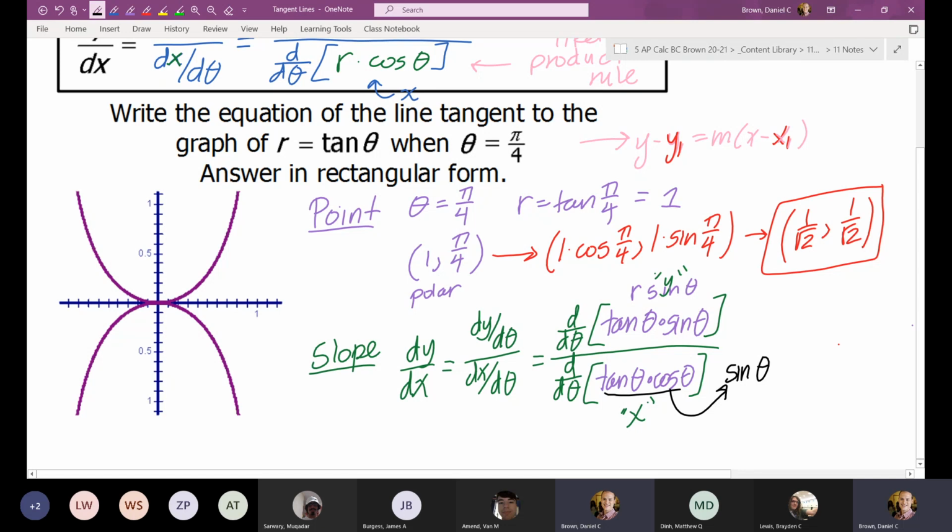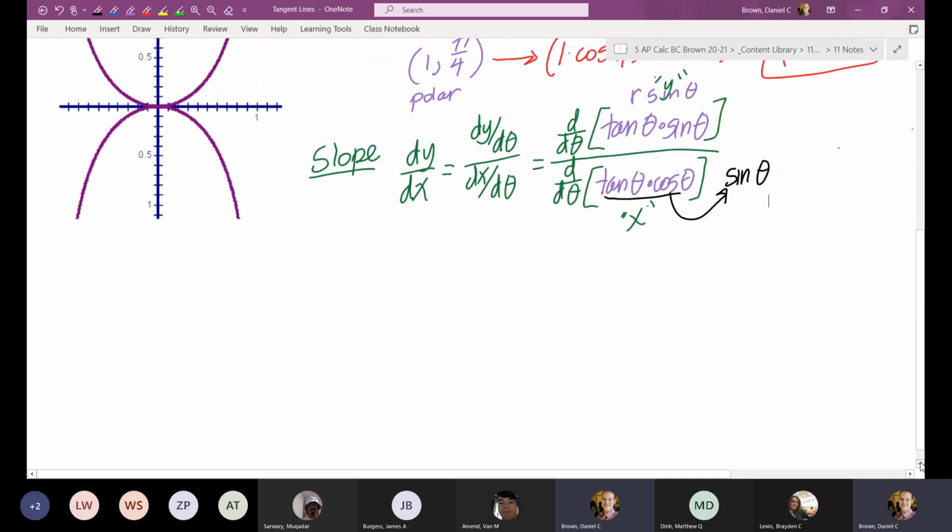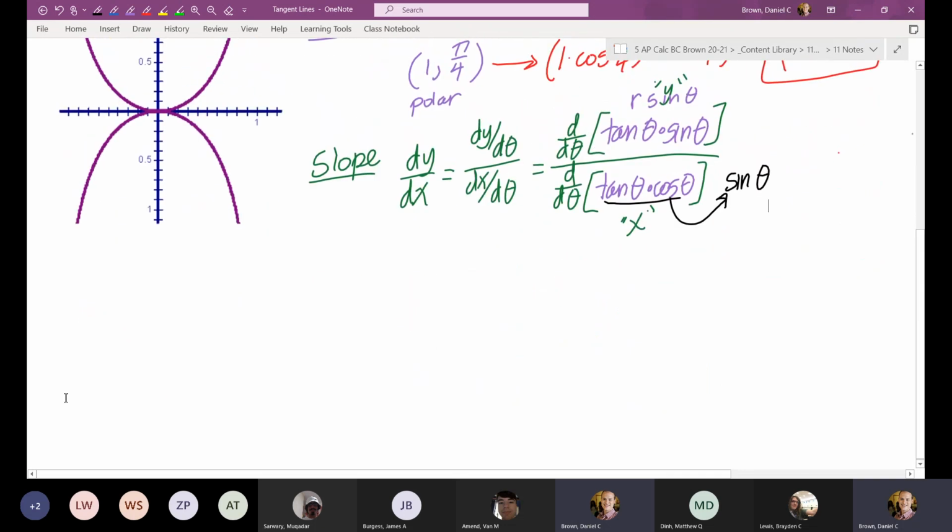of 2 times. So taking the derivative now, we're going to do the derivative of y with respect to theta, and then the derivative of x with respect to theta. So here's my derivative of y. Product rule.